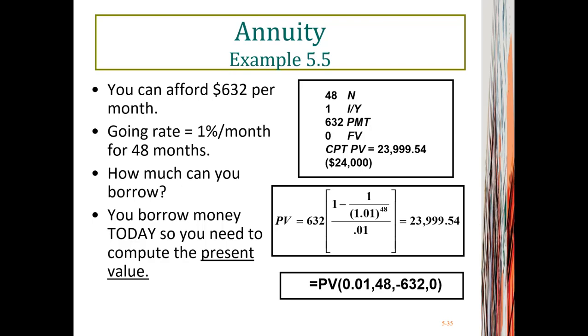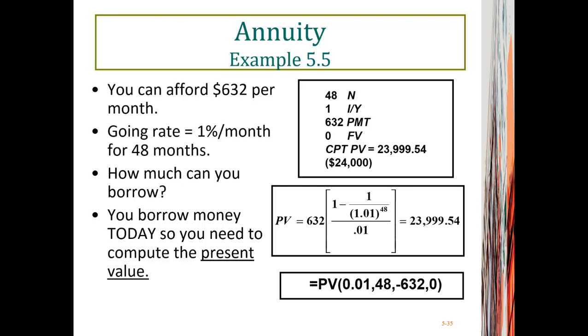Essentially, you're calculating the present value of an annuity that has equal payments of $632 for 48 months with a 1% interest rate. This is the typical case when you take vehicle loans. When you buy a vehicle, you want to borrow money from the bank, and later on you need to pay a monthly payment on your vehicle.